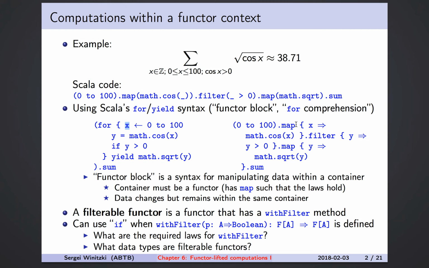So the first line says take x to be any value in this sequence. The second line says compute cosine of this value and call it y.